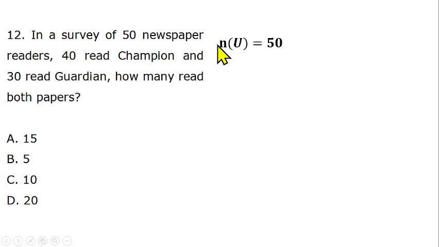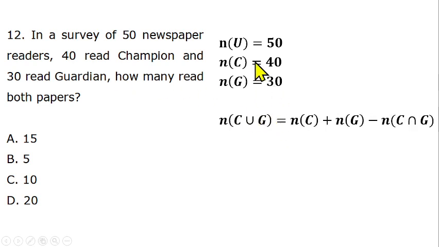So the number of elements in the universe is 50. The number of readers of Champions is 40. The number of readers of Guardian is 30.